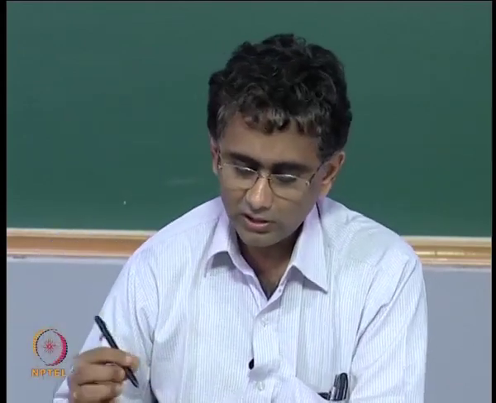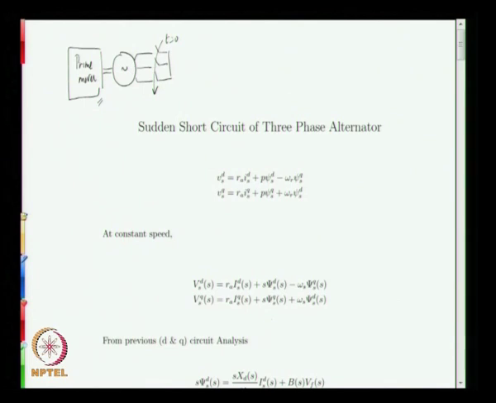So we are now attempting to see what will happen to the electrical system if you apply a dead short like this. That is our focus of interest, and therefore we may assume that speed is constant.